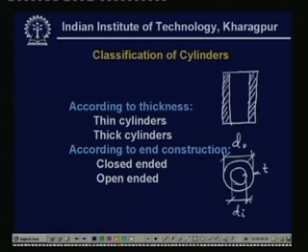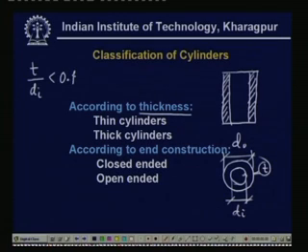Now, cylinders are classified according to various criteria. One is according to the thickness. Now, if this T, that is the thickness of the cylinder, is much small compared to that of di, then we call this a thin cylinder. Now, how much small? Then the practice is T by di must be less than 0.1.